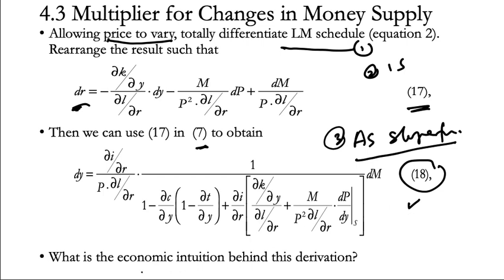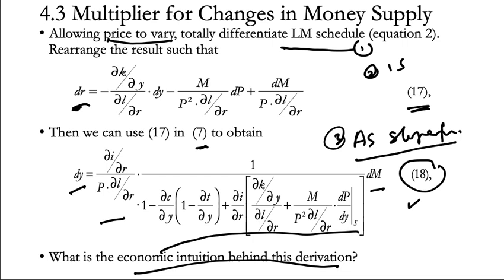Now, what's the economic intuition behind this derivation? Look here. We have three different terms, the first term, the second term, and the third term on the right-hand side of 18. On the left-hand side of 18 is dy, or the change in output. dm refers to the change in money stock, or the change in money supply.